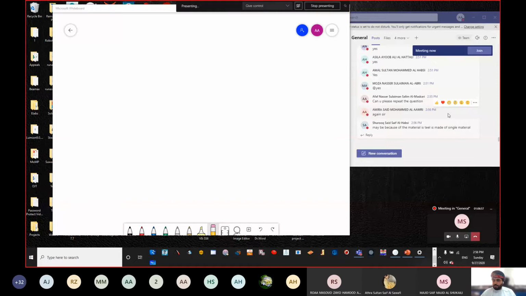Once again, this is related to a single material. This is only an illustration. There are different minerals available, but they act as a single material. Maybe steel is not good.